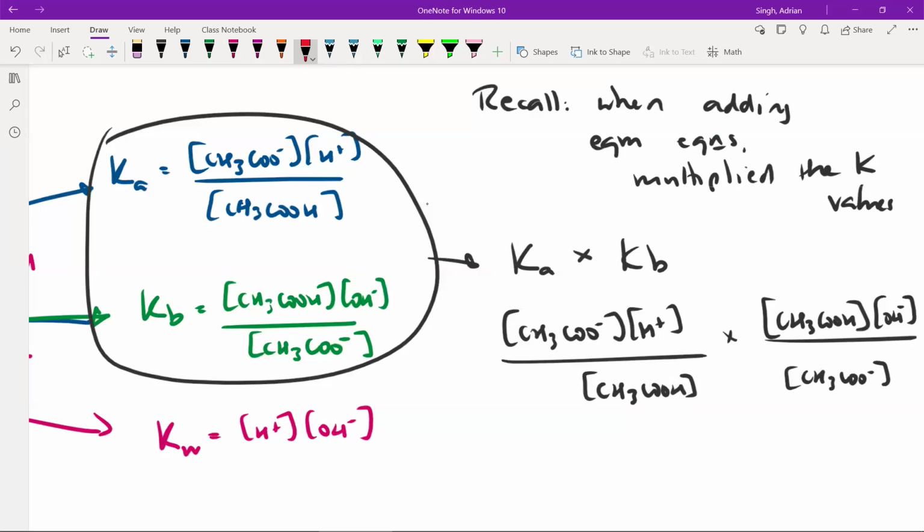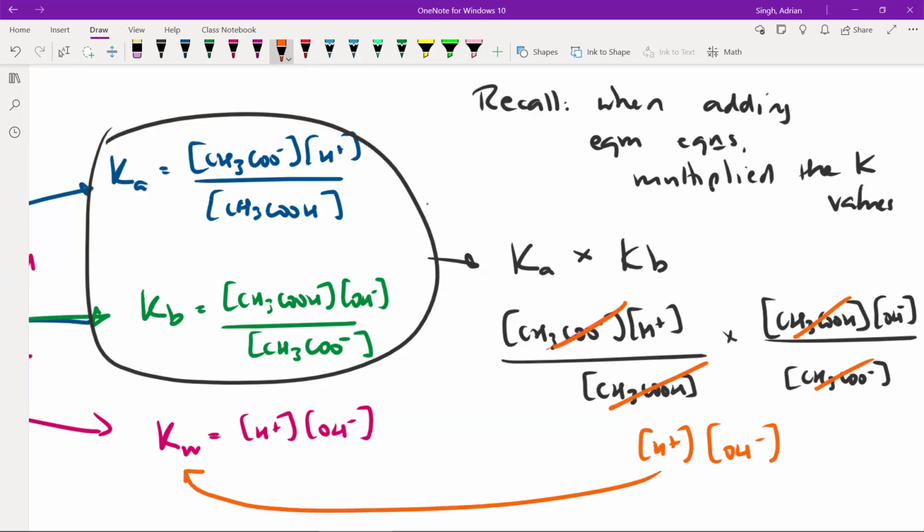I can see that the CH3COO minus cancels out. One's on top, one's on the bottom. I can see the CH3COOH cancels. And what am I left with? Well, I'm left with H plus times OH minus. And what is H plus times OH minus equal to? Well, it's equal to Kw. So for a conjugate acid-base system, if you multiply the Ka by the Kb, you always end up with Kw.